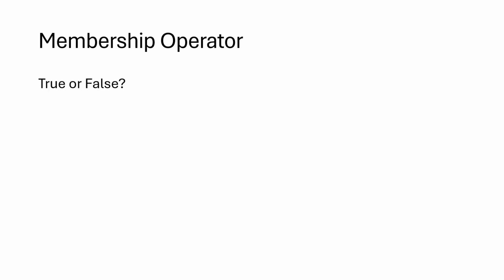Now, for practice, I'm going to show you some more examples. Again, I want you to pause the video, think about the answer, and then look at the actual answer. The first statement is: 12 is an element of that set. Is it true or false? You can see that 12 does not belong to that set, so that's false.